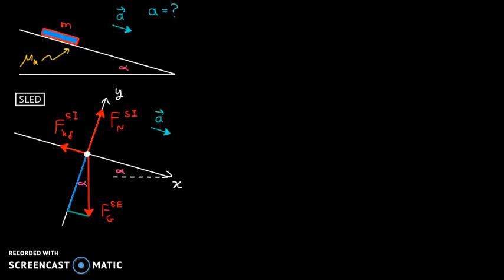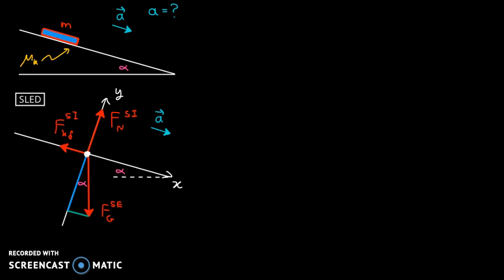Here's my free body diagram. I have gravitational force F sub g pointing directly down, always vertical. Even if your coordinate frame is rotated, Fg remains vertical. So then Fg is making an angle alpha with the negative y-axis as shown in the picture. I have also highlighted the x and y components of gravitational force Fg.